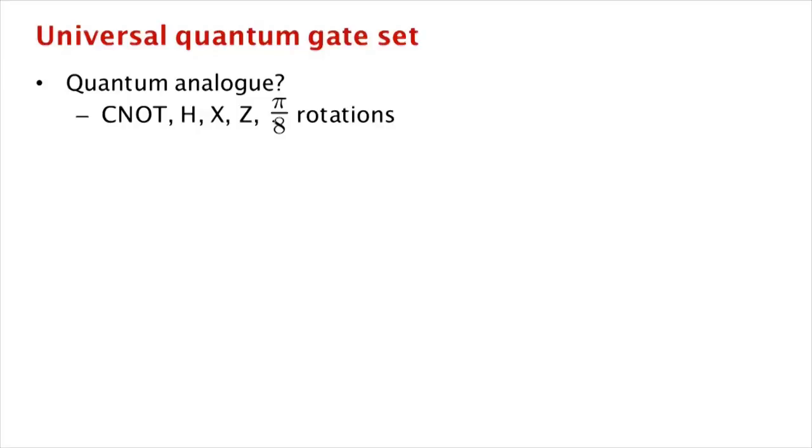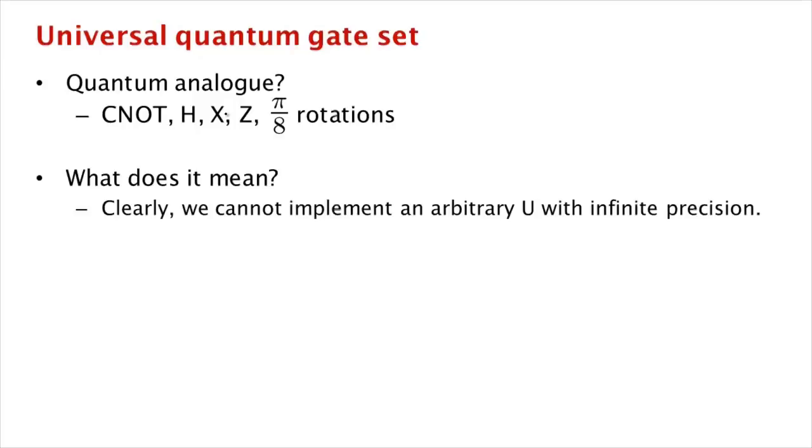So what does it mean that this gate set is universal? Let's say that somebody came along and said, there's this particular unitary transformation, this particular gate that I have in mind, and it's really quite magical. This gate has the property that it will simplify every quantum computation.